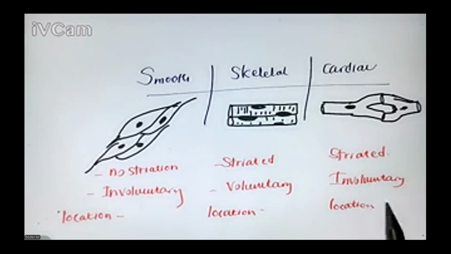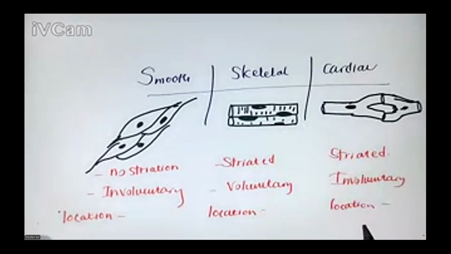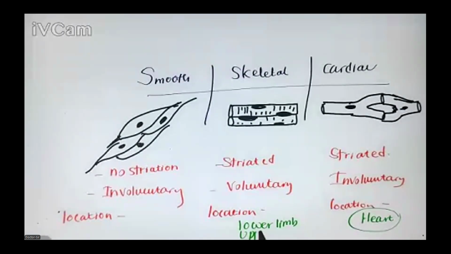The simple thing is cardiac muscle tissue is located only in the heart. Then what about the others? Where is skeletal muscle tissue present? It is in our lower limb and upper limb.